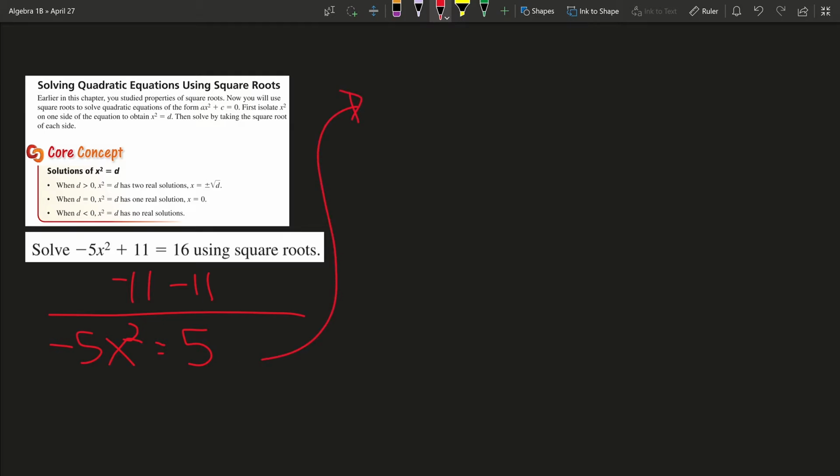Okay, so now we divide both sides by negative 5. And when we do that, we get x squared is equal to negative 1, right? A positive 5 divided by negative 5 is negative 1.